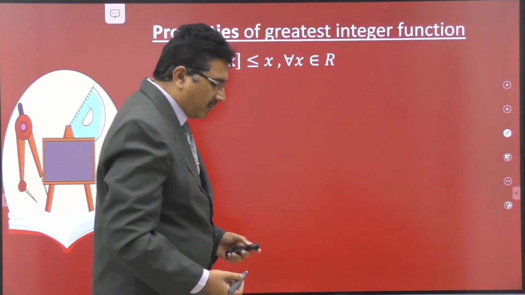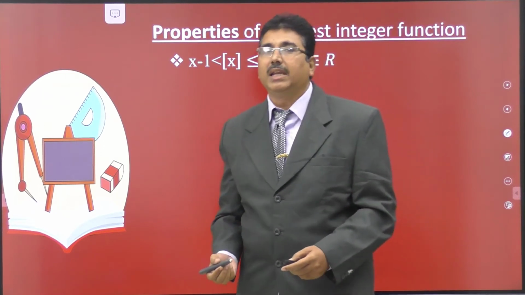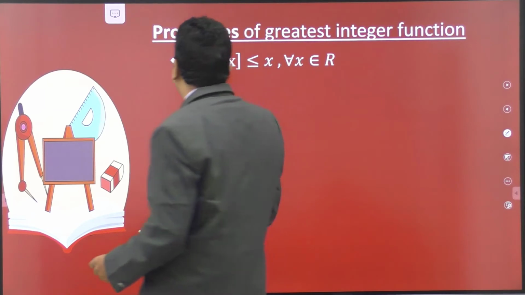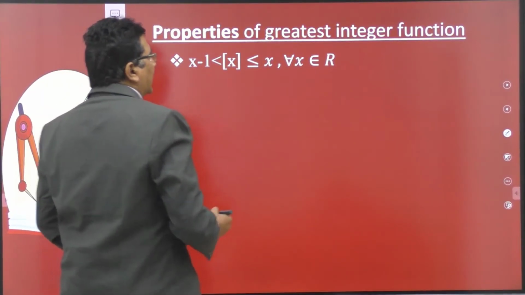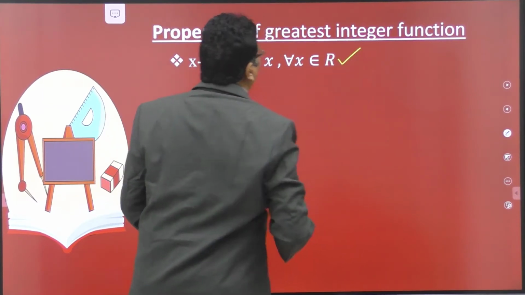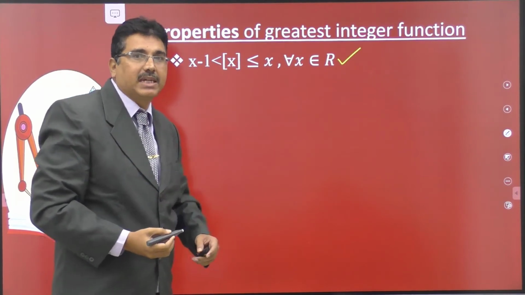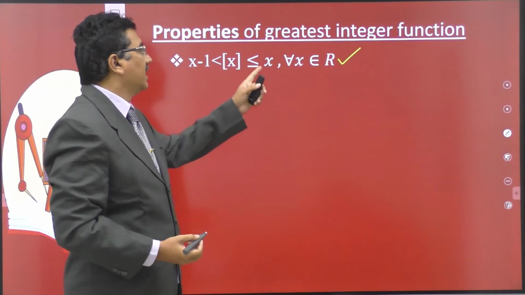The first and very important property of this step function is x minus 1 less than box x less than or equal to x for all x belonging to R. This can also be observed from the graphs of individual functions.